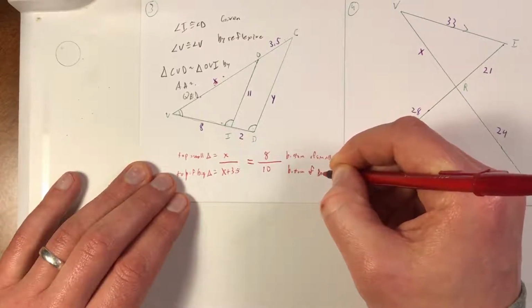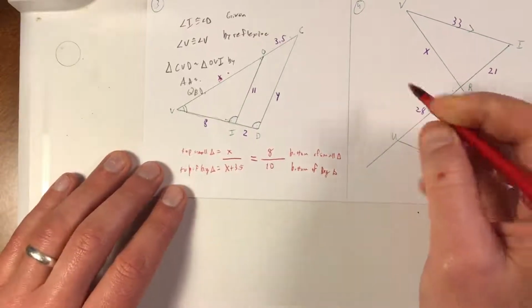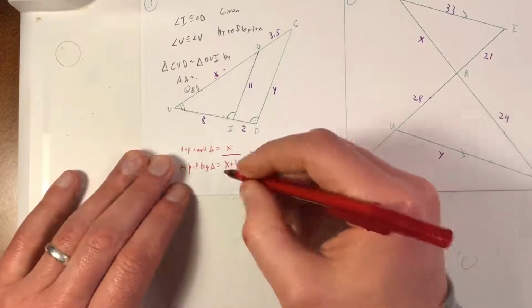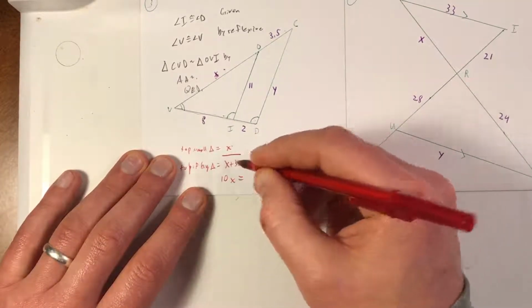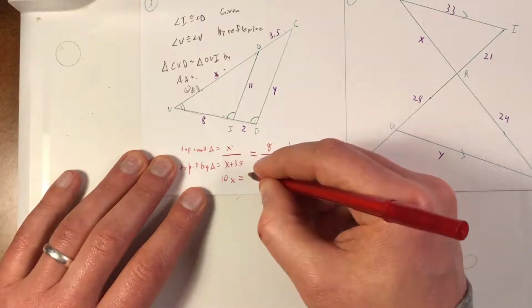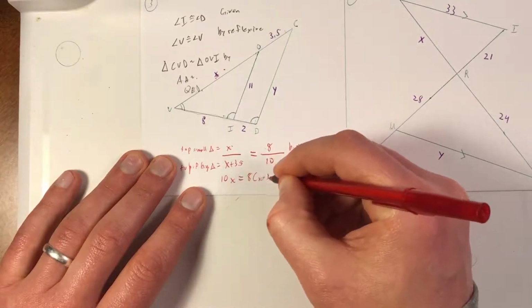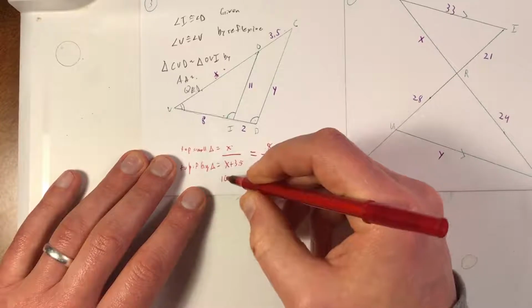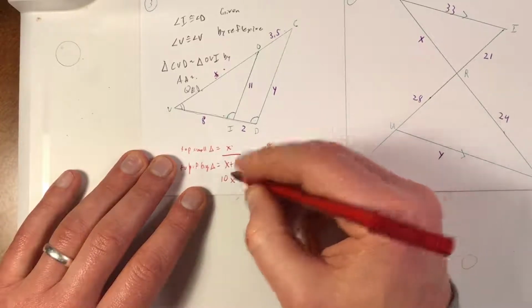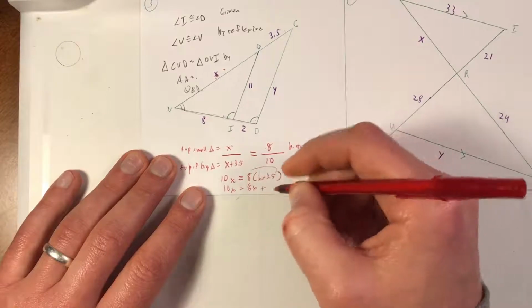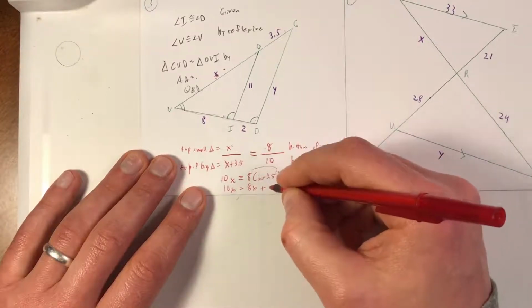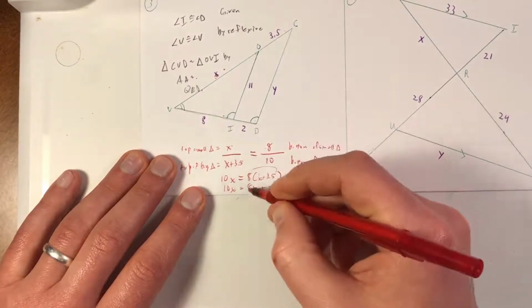So now I'm going to cross multiply. 10 times x, and then 8 times x plus 3.5. So got to distribute this. 10x is equal to 8x plus, I believe that's going to be 28.